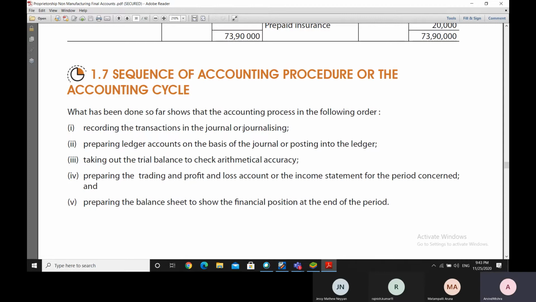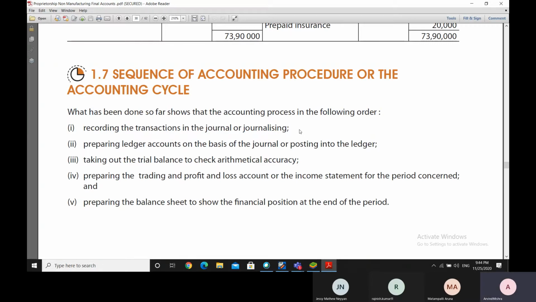In case it is a purchase, we debit the purchase, and if it is a sale, we credit the sale and debit the bank account in case the money is received. And in case the money is not received in a sale, instead of debiting the bank account, we debit the person to whom we have sold.